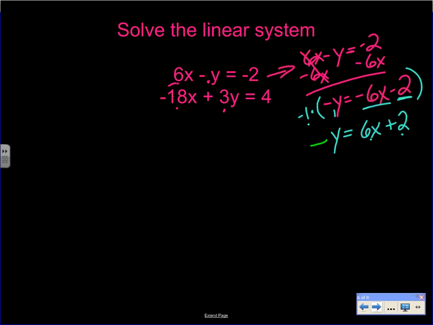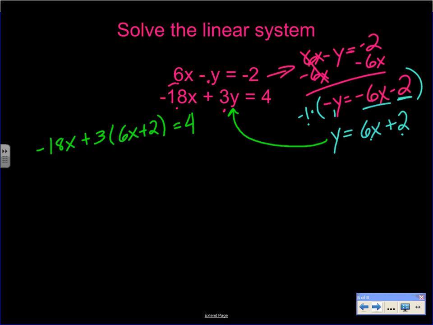And we can take it and plug it right into the other equation for y. So -18x plus 3y. But what are we substituting in for y? 6x plus 2. I don't know how you guys figured that out, but you did.